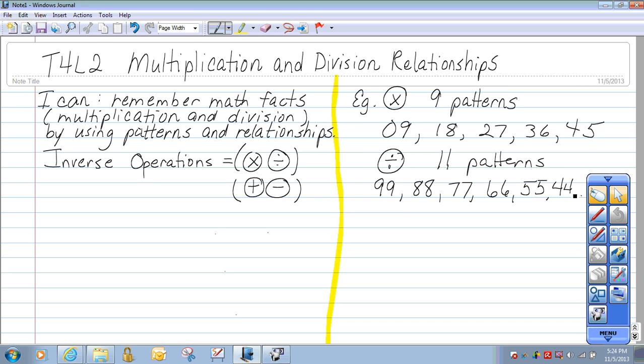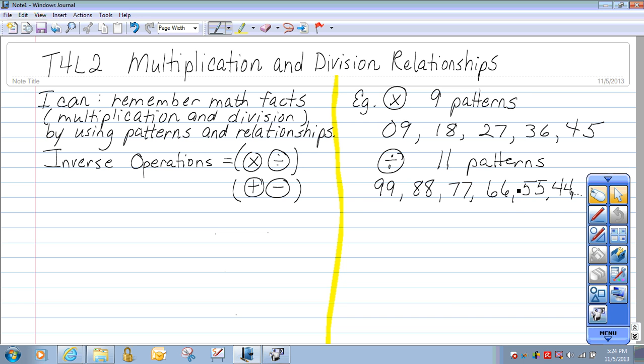That is a division pattern that we notice where the digits are the same. Every time we subtract 11, we get one less in each place value, because we're taking away a 10 and we're taking away a 1 each time.